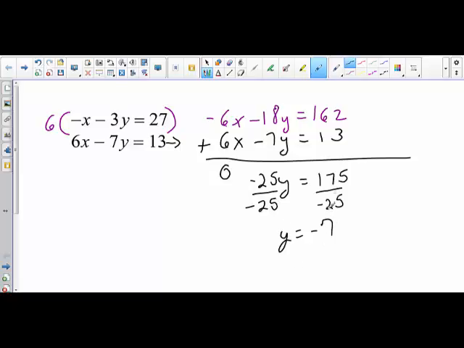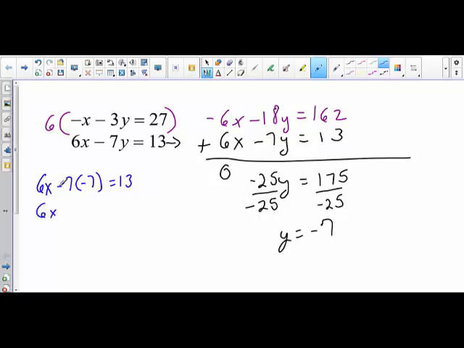Now that we know what y is, we can turn around and substitute it either into the bottom equation here or the top equation. So let's go ahead and do it in the bottom one. So we got 6x minus 7 times negative 7 equals 13.